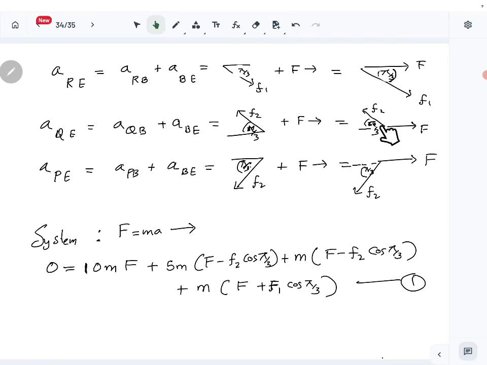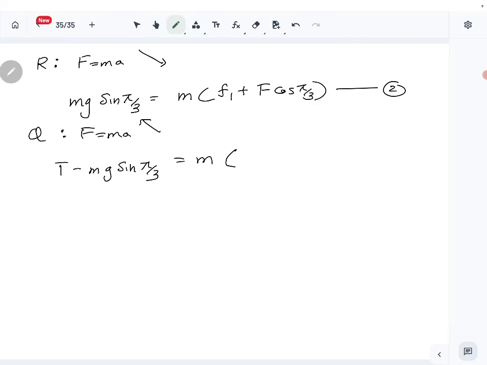So for Q, F2 is up, we are applying it up, no? So F2 minus, this is also going to be pi over 3, F2 minus F cos pi over 3. That is the third equation.